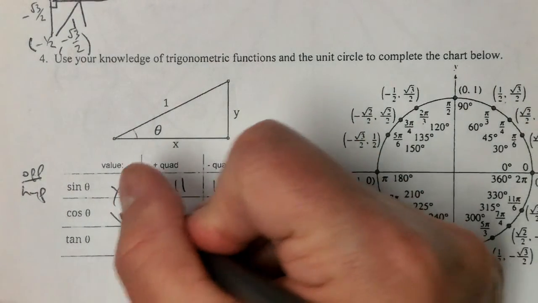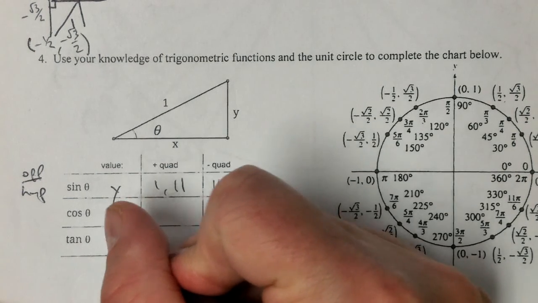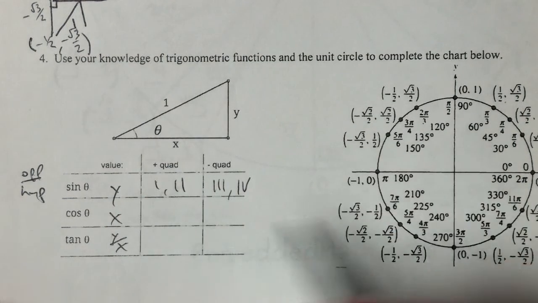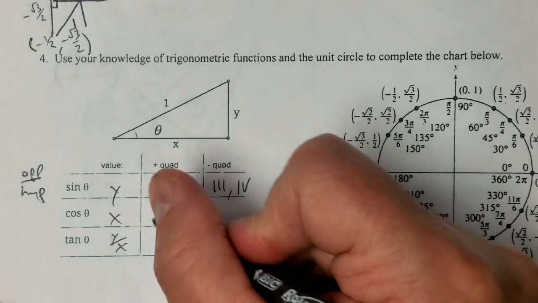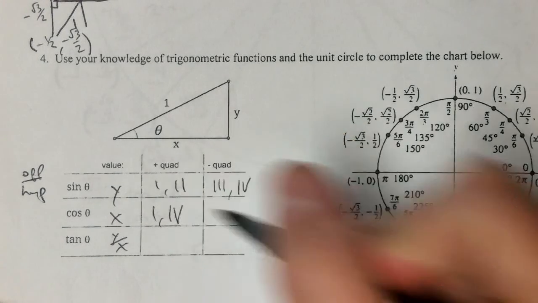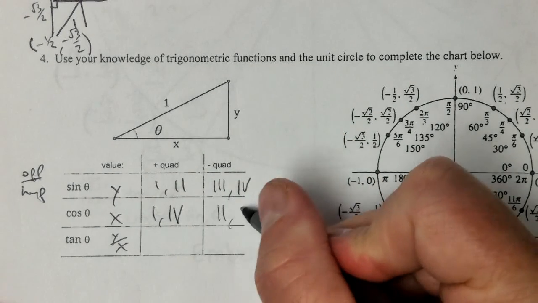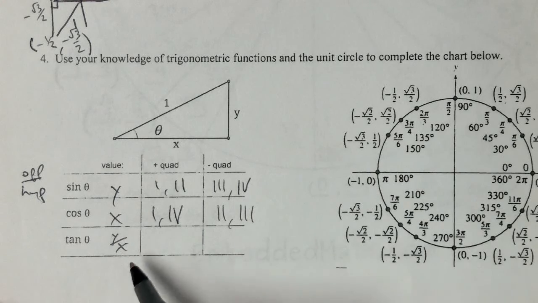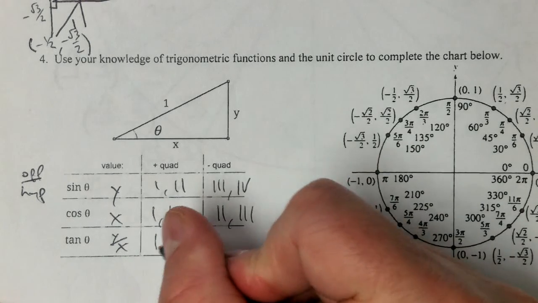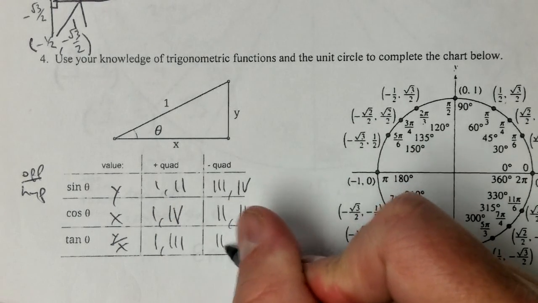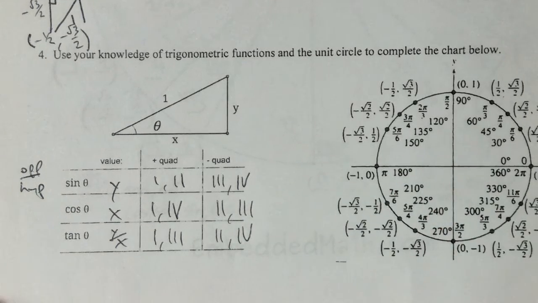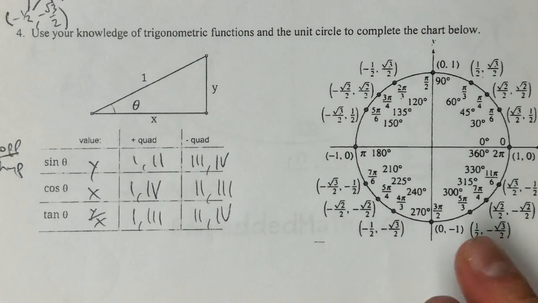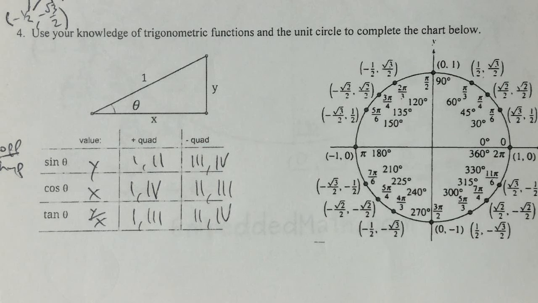All these at the bottom, that's fine. So cosine would have been 1 and 4. So that means negative is 2 and 3. Tangent would have been 1 and 3. So negative is 2 and 4. And there's a smaller copy of this. Okay, so y'all do the ones that we didn't do, and it's due tomorrow.